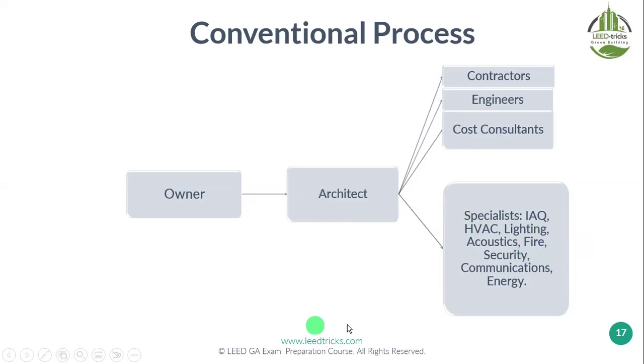Can you see it? So it is one linear process starting from the owner, going like this, one line, and then the output is your building. But here there is no sustainability, no integration, no systems thinking, nothing.